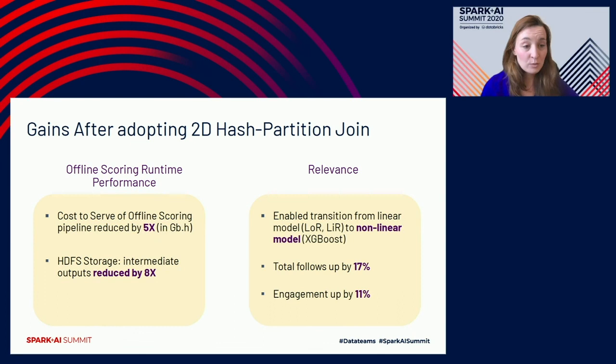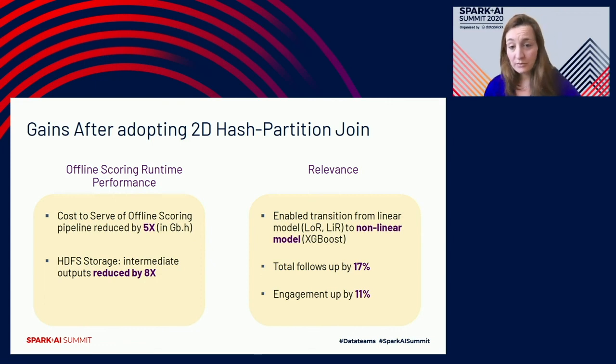To summarize the gains that we obtained after adopting the 2D hash partition join: first, in terms of runtime performance, we improved our cost to serve, measured in gigabyte hours, of the offline scoring pipeline by 5x, which is a lot. In terms of HDFS storage, we saved more than 8x of disk space.